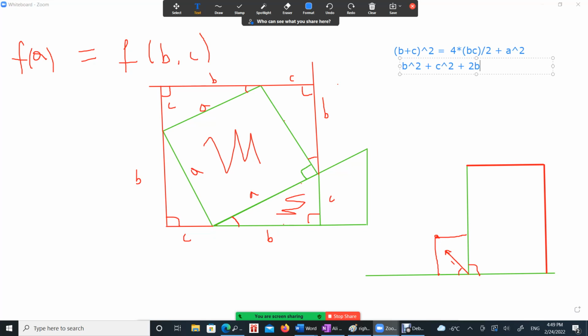On the other side of the equation after simplification we get 2bc and a squared.